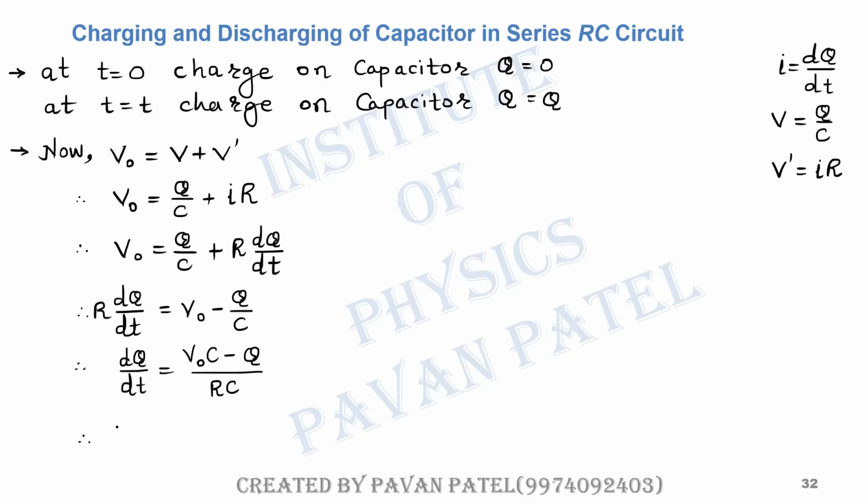So 1 upon V0 C minus Q into dq is equal to 1 upon RC dt, right?